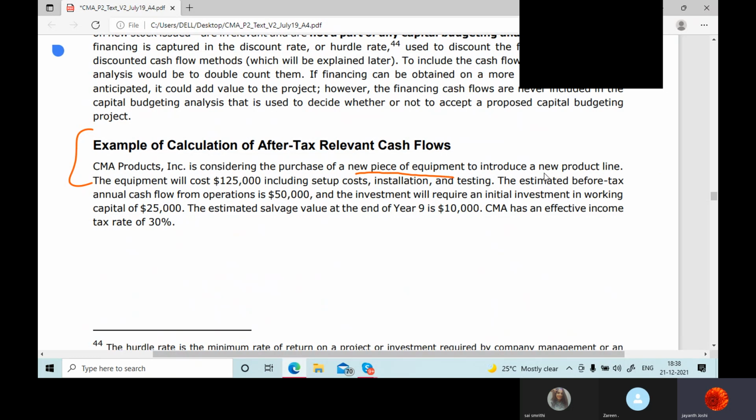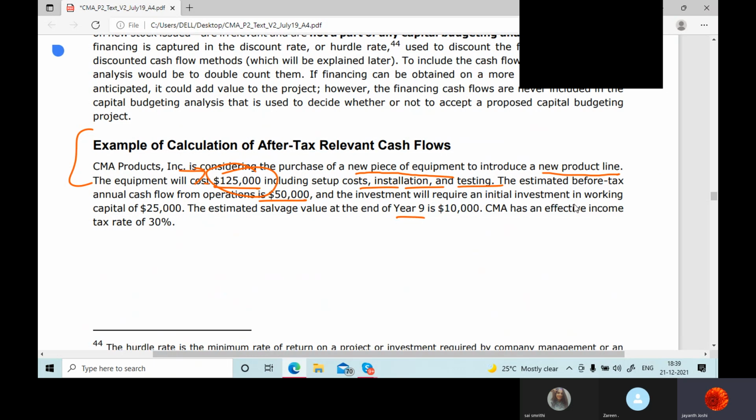To introduce a new product line, the equipment will cost $125,000, including setup cost, installation, everything. So that is all together this amount, all inclusive. The estimated before tax annual cash flow, so you are expecting these cash flows for hopefully the coming 9 years.